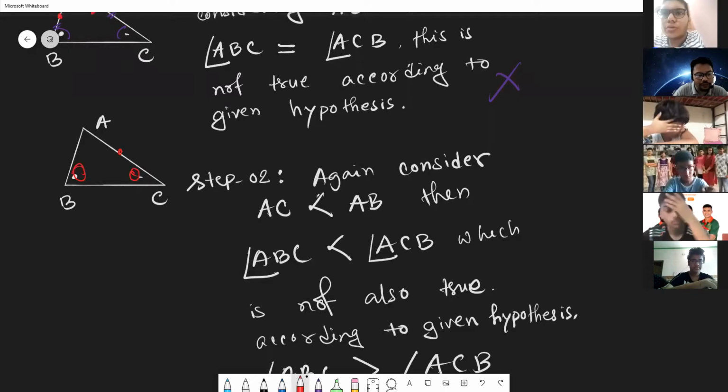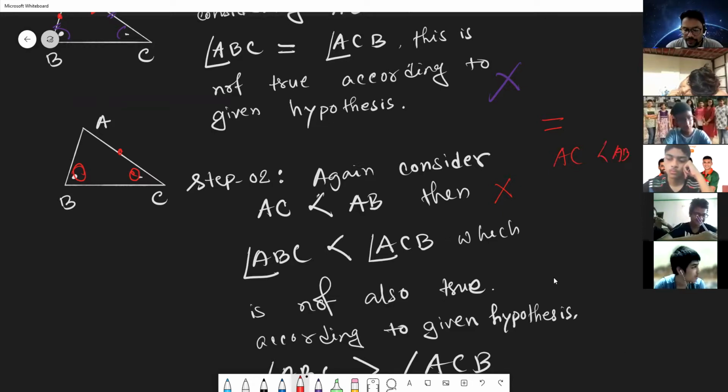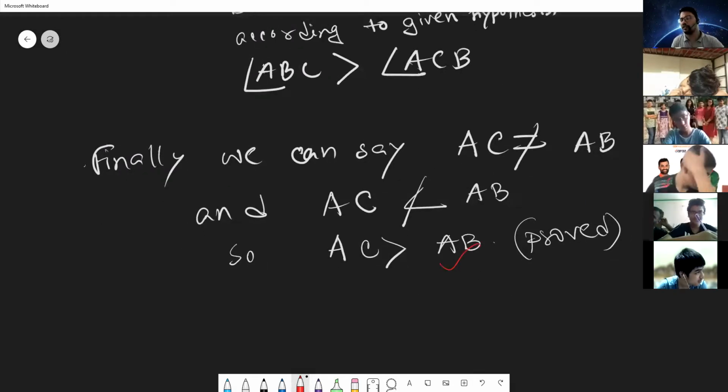But according to the information, angle B is not smaller than angle C. So this is also wrong. So we cannot decide by considering equal or AC smaller than AB. So finally we can say AC is greater than AB. So this is our answer.